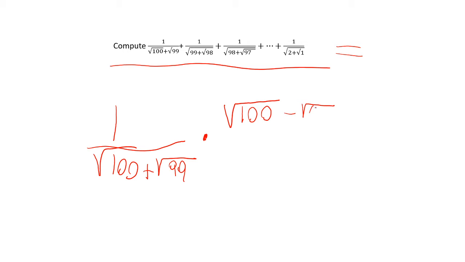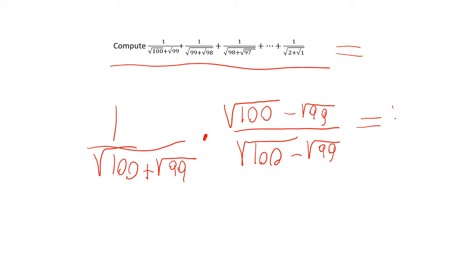Minus root 99. And in our denominator, we're going to have the same thing. Now, this gives us in the numerator square root of 100 minus root 99, and this is going to be over, well, we know that the square roots will get cancelled, so all we have is 100 minus 99, which equals 1.